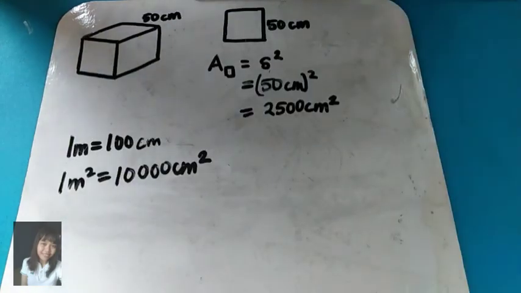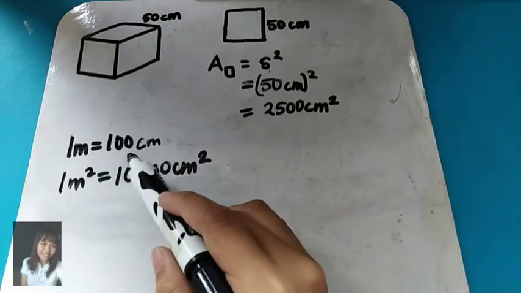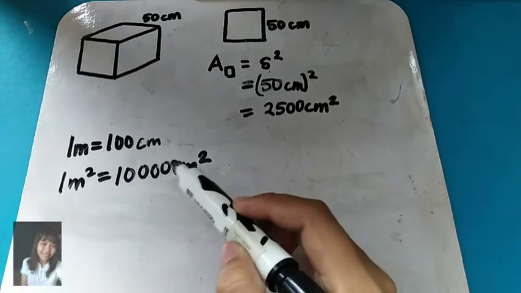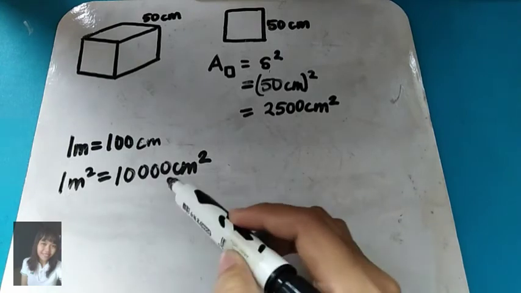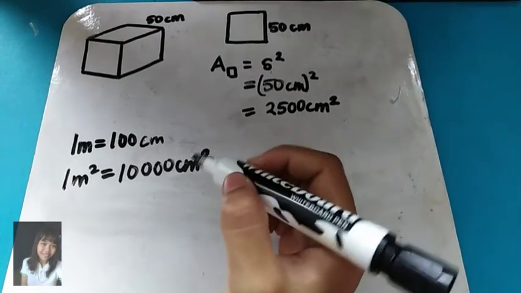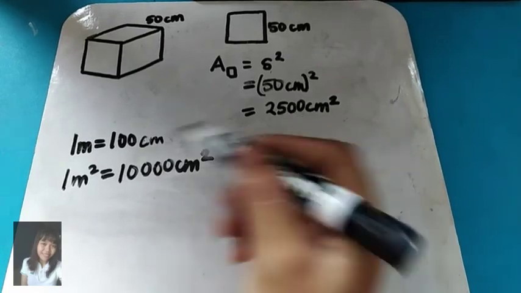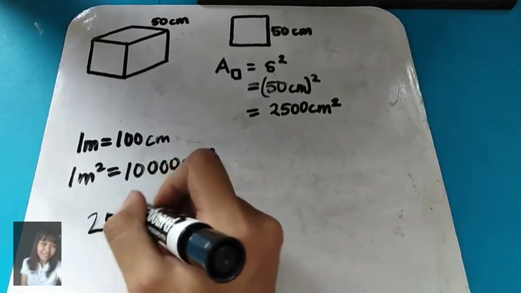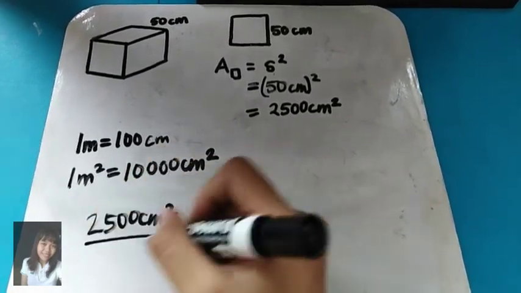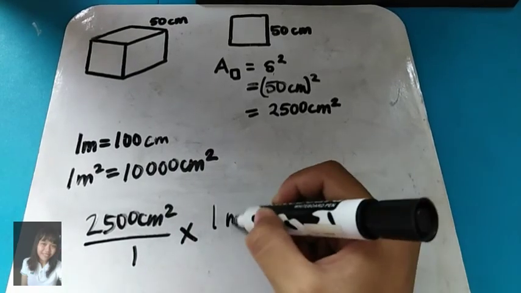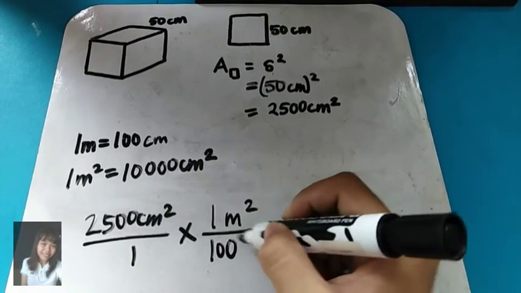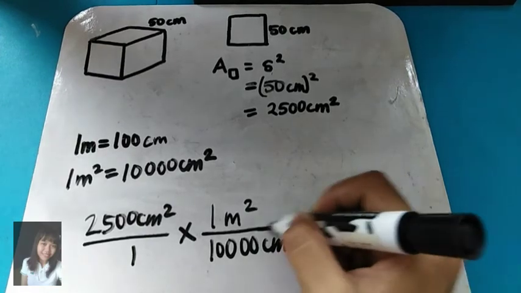So, we know that 1 meter is equal to 100 centimeters. Squaring both sides, we have 1 meter squared is equal to 10,000 centimeters squared. So we can now convert this into meters squared. So we have 2,500 centimeters squared over 1 multiplied by 1 meter squared over 10,000 centimeters squared.